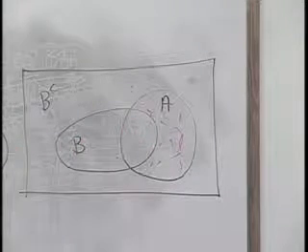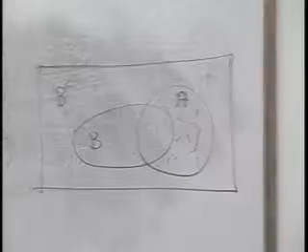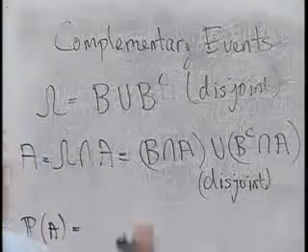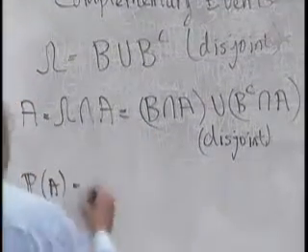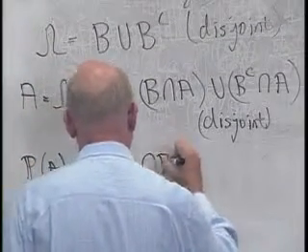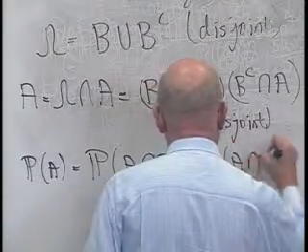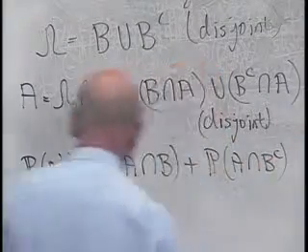And then our general formula is that the probability of event A, since event A is a disjoint union, is the probability of A intersect B plus the probability of A intersect B complement.